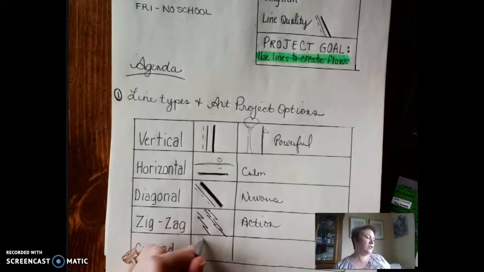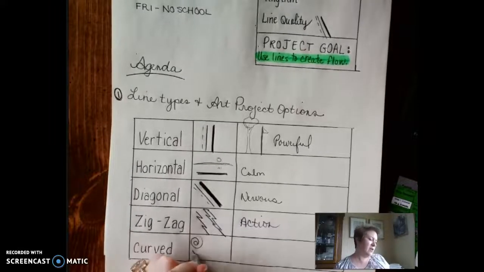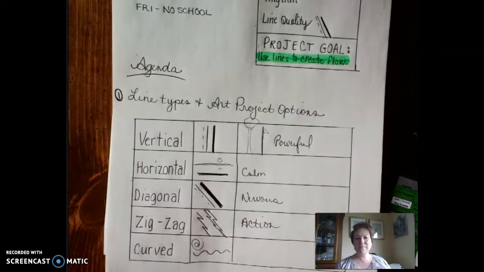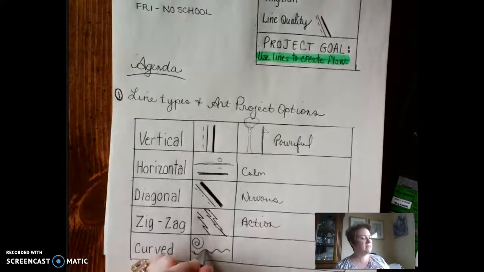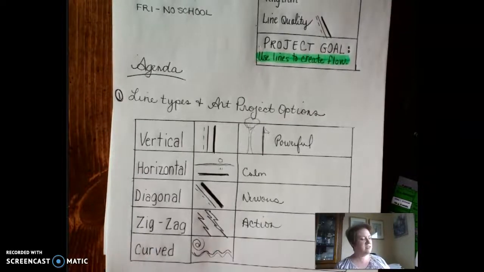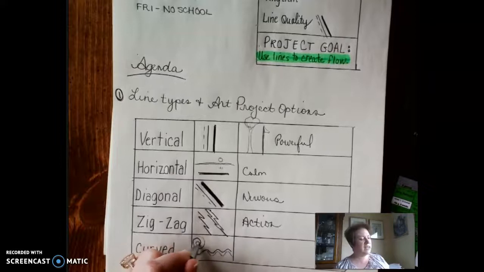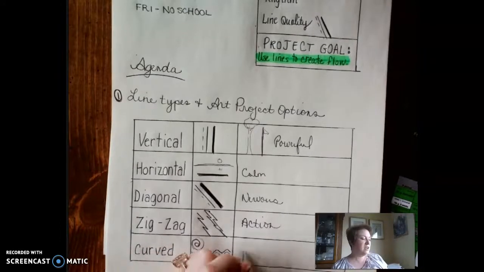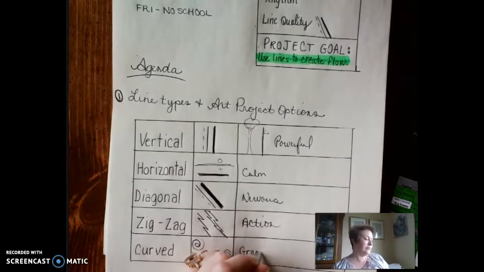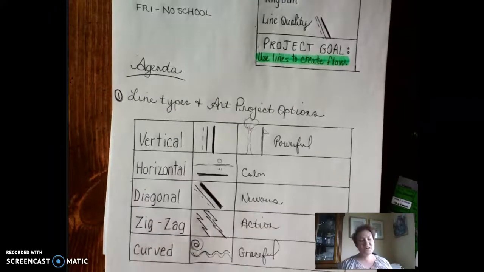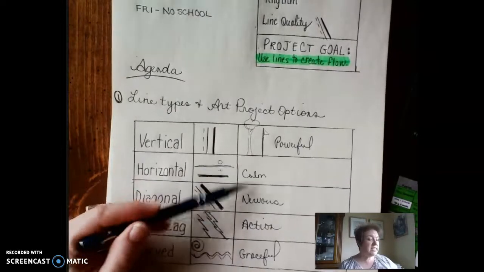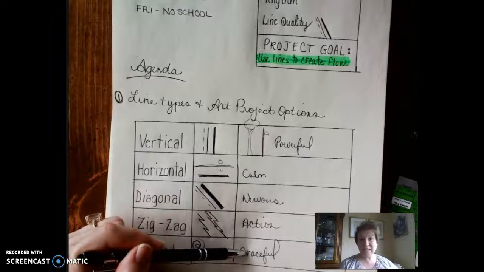And then finally a curved line. Maybe think about waves on an ocean. Maybe think of a ballerina spinning. Usually that's graceful.